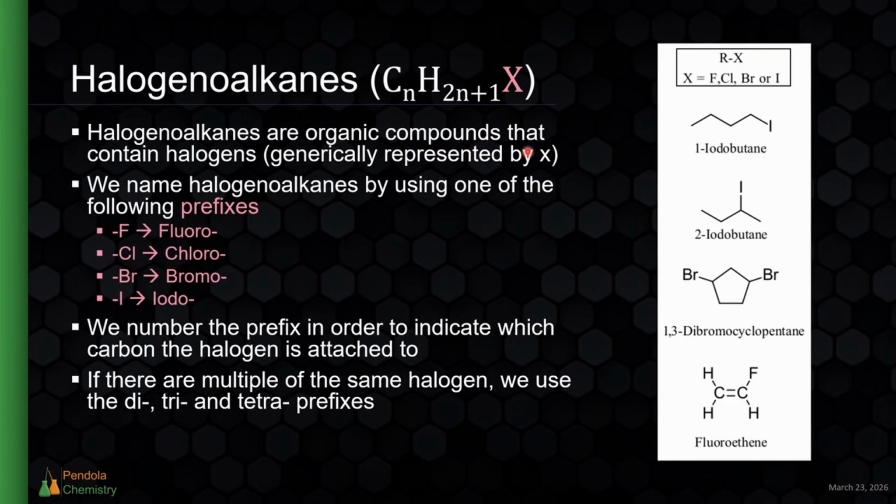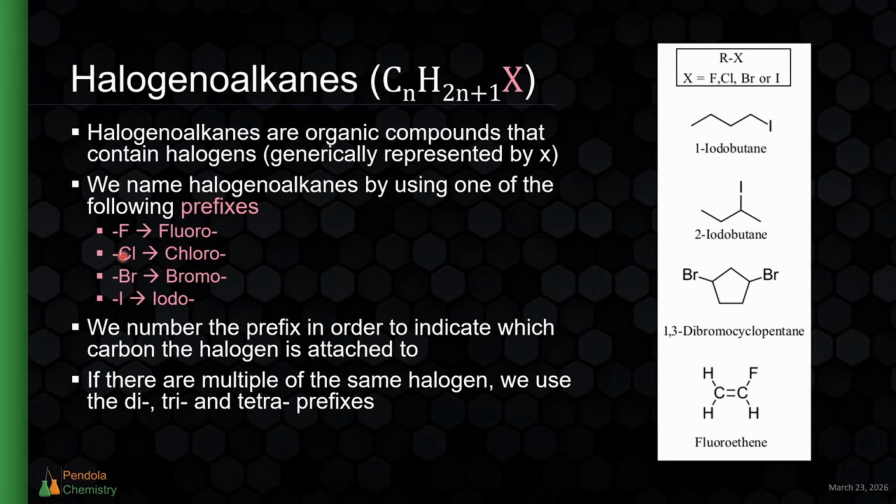Halogenoalkanes. Halogenoalkanes are a bit more tricky because we are going to have a different prefix we add to the organic compound based on which halogen is being added. If we are replacing a hydrogen with fluorine, we put the fluoro prefix.